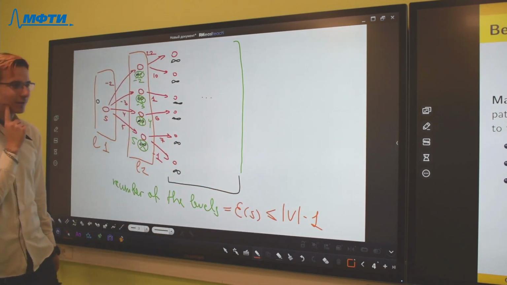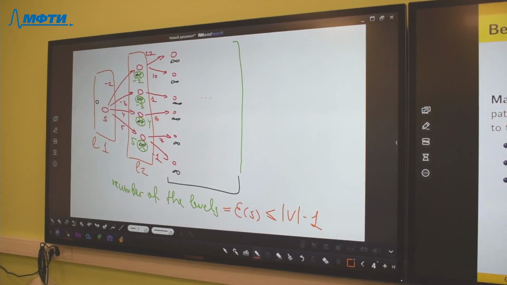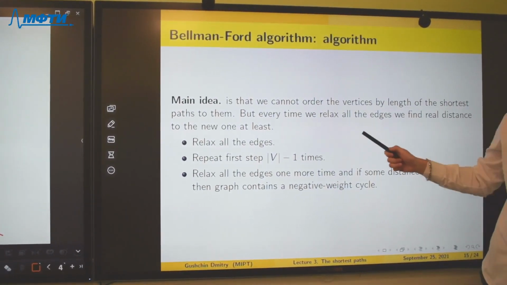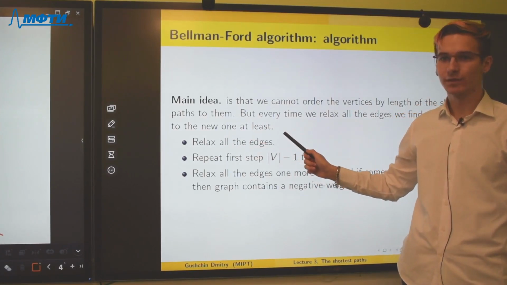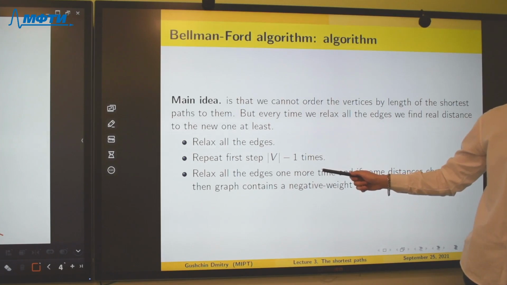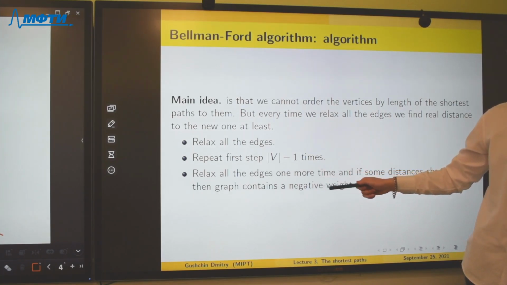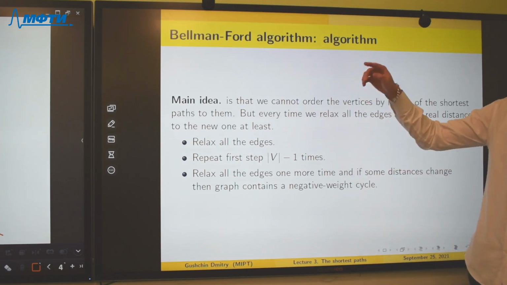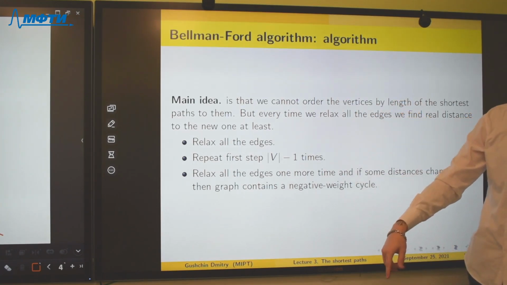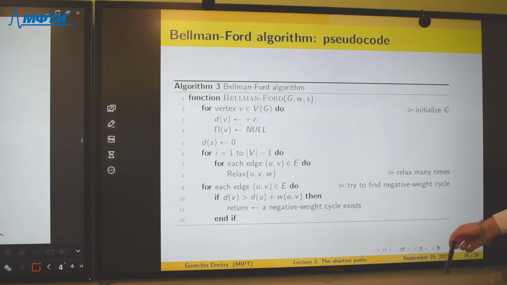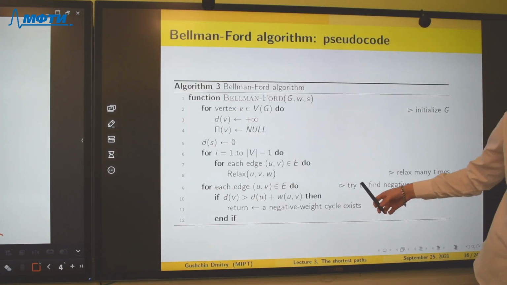So, the main idea of the Bellman-Ford algorithm is that we can relax all the edges and repeat it these times. And then we get real distances between all the vertices and the source. So this is the pseudocode of Bellman-Ford.